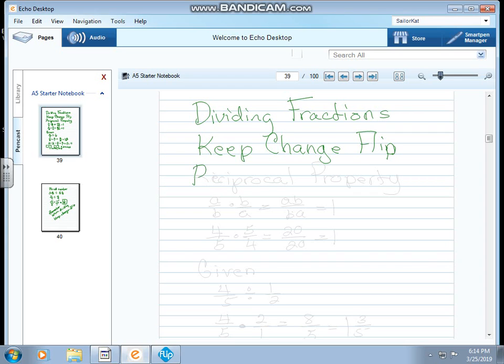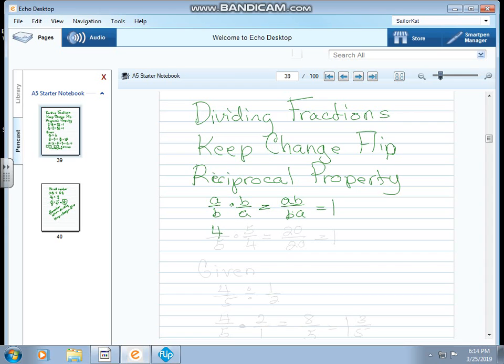Also keep in mind your reciprocal property, where A times B over A is equal to AB over BA, which is equal to 1.